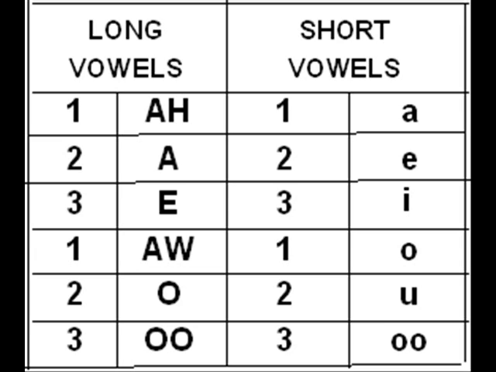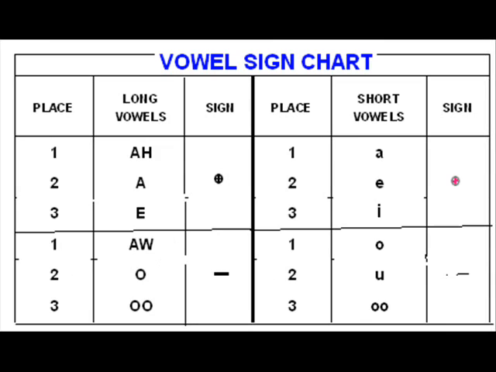The long vowel sounds A, E, O, U, and the corresponding short vowels A, E, O, U. Now these vowel sounds are provided with signs. See the chart.